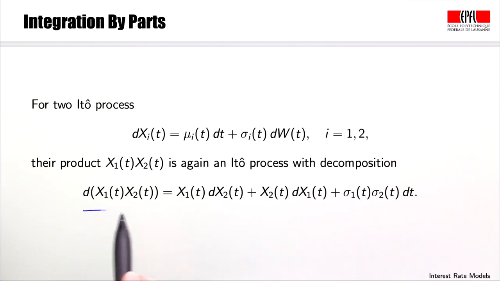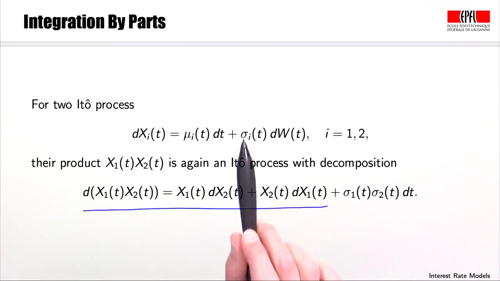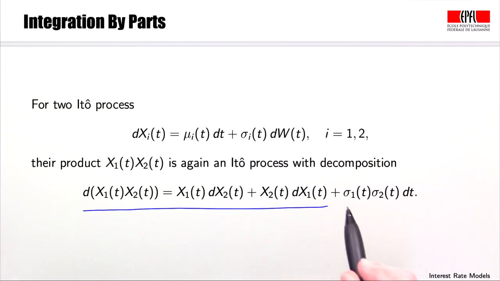Again, we realize that this is the product rule that we know from real calculus, but that holds only if x1 and x2 had differentiable trajectories. Since they do not, due to the stochastic integral, we have the second order correction term showing up.